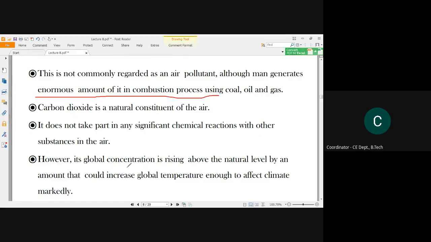However, its global concentration is rising above the natural level by an amount that could increase the global temperature enough to affect the climate markedly. So its impact as an air pollutant is to increase the global temperature.